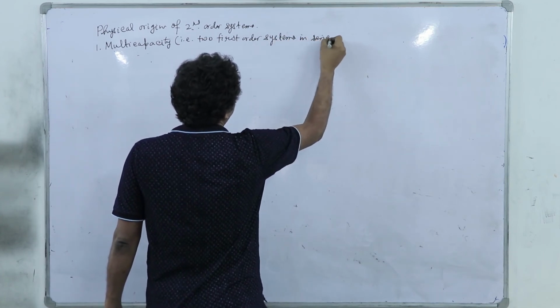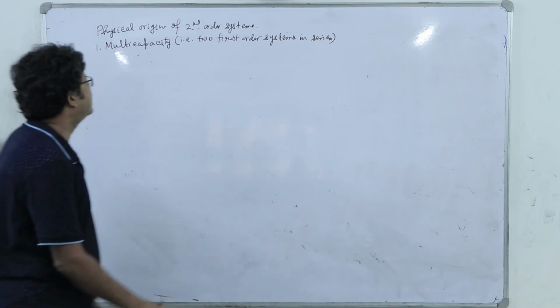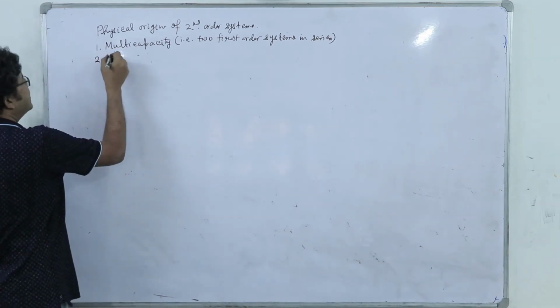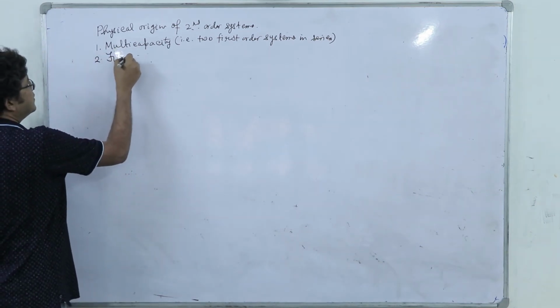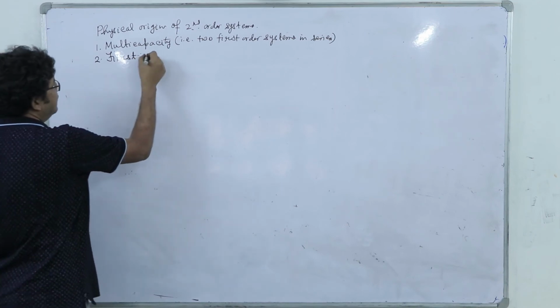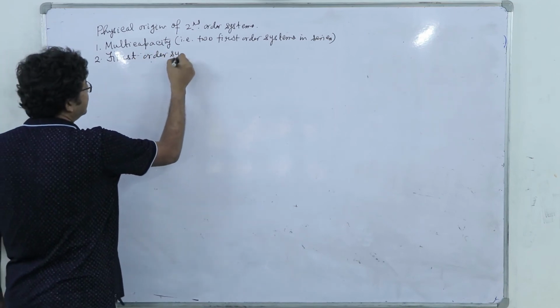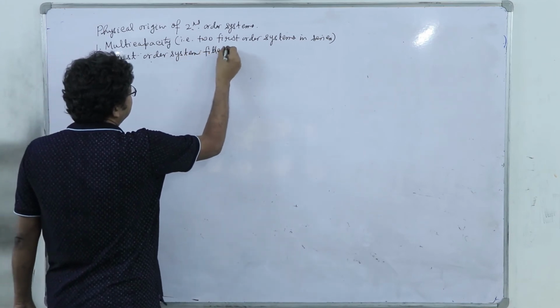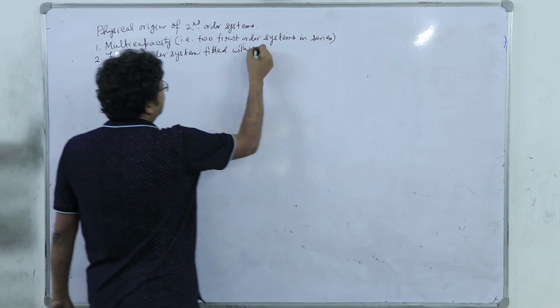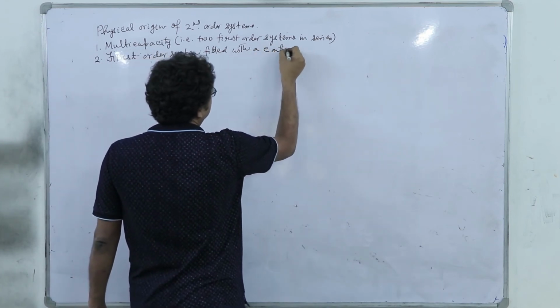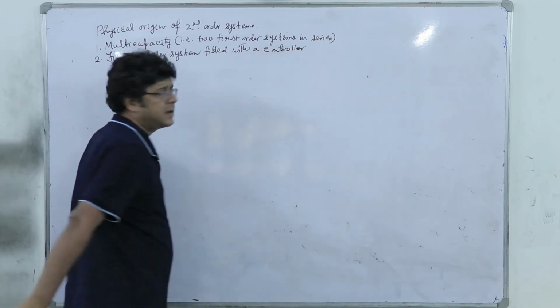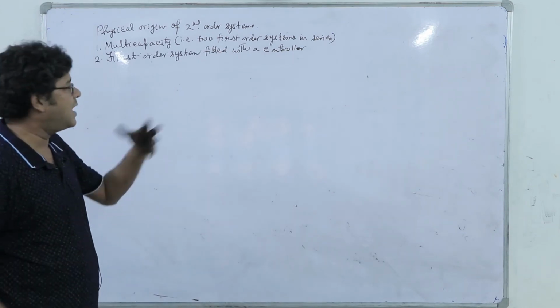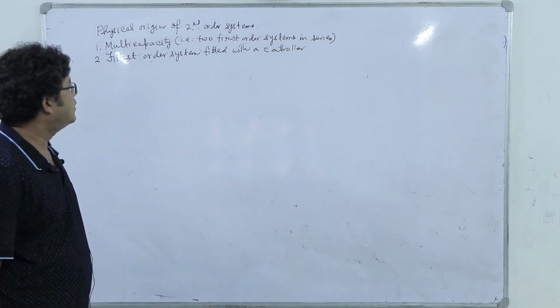right. The second is a first order system fitted with a controller. This we will discuss later. As we don't know the controller, I have not introduced the controller so far.